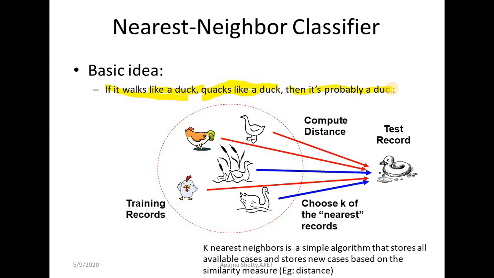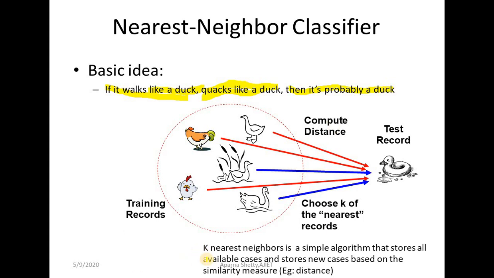So if it is almost similar to its neighbors, then you will classify it with the class of its neighbors. If its attributes are almost similar to its neighbors, then you will classify it with the class label of its neighbors.